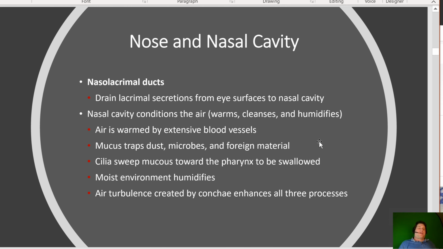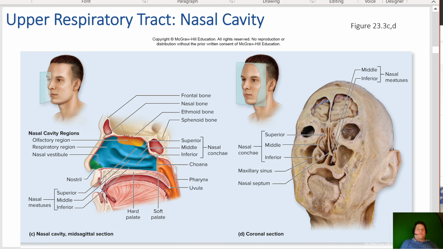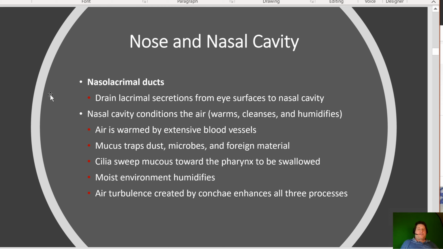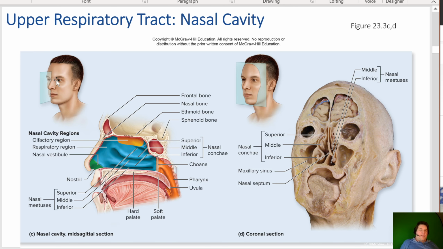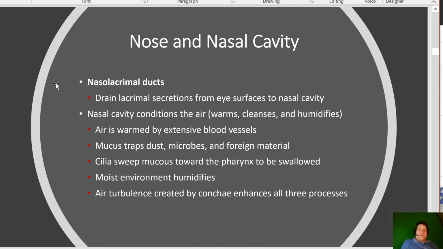So looking at the nose and nasal cavity, you've got nasolacrimal ducts up there as well. These drain the lacrimal secretions from the eye surfaces. Remember the lacrimal ducts put tears across the eyeballs, and they collect in the corner of the eye right there, and then they drip down into the nasal cavity as well.